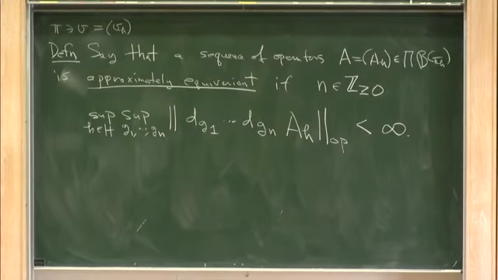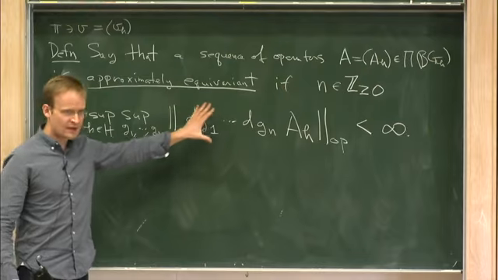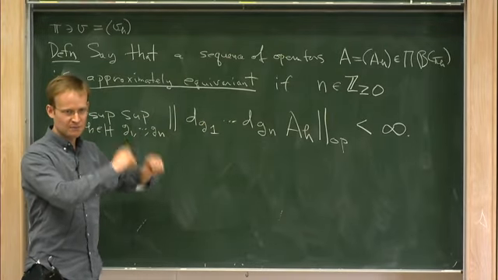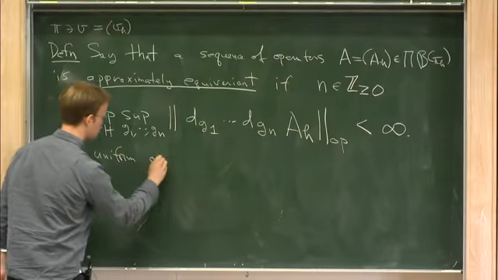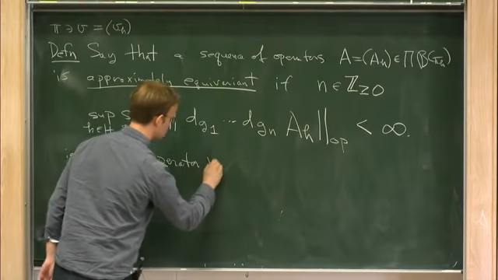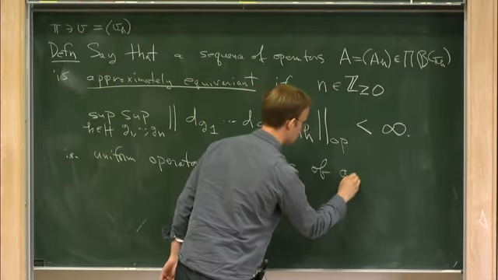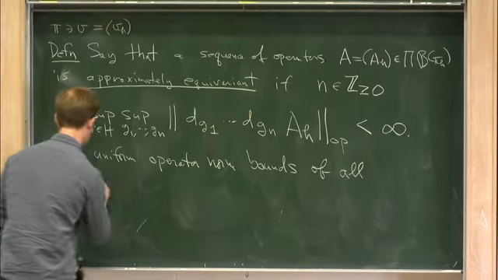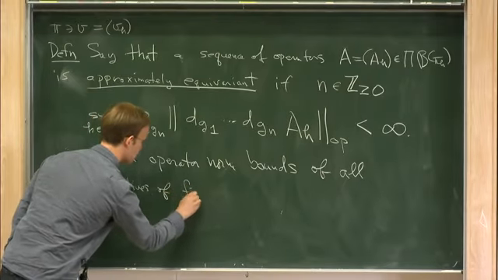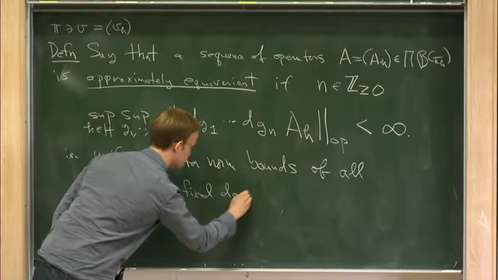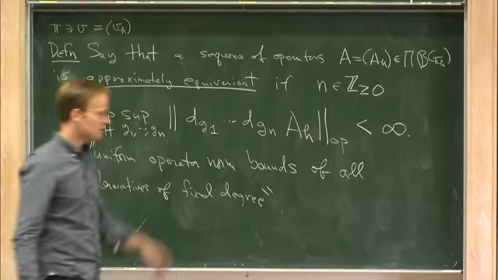So in other words, I have a sheet introducing the action of the Lie algebra and the tensor algebra on that, but what this really says is we ask for uniform operator norm bounds of all derivatives of fixed degree. So that's the informal gist of this definition.